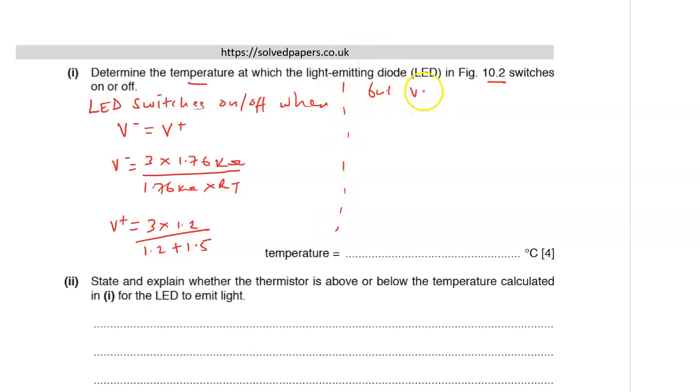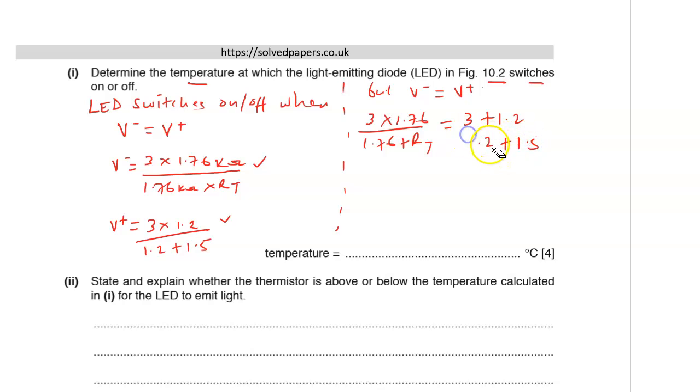We know that the inverting is equal to the non-inverting. For this to happen, for this LED to switch on and off, you can equalize the two equations. Let's say 3. You can equalize this equation and this: 3 times 1.76 over 1.76 plus RT is equal to 3 times 1.2 over 1.2 plus 1.5.